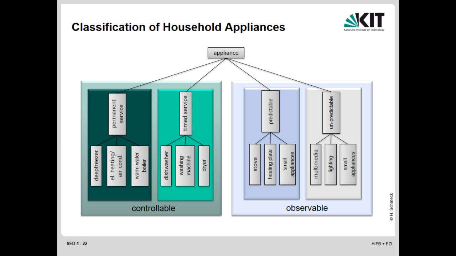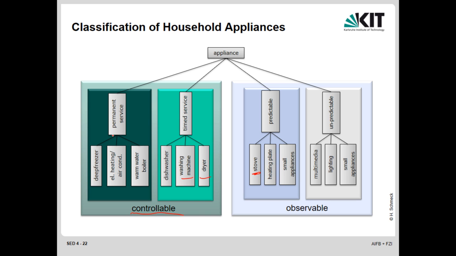Another classification is to distinguish devices into controllable devices and devices which are just observable. I mentioned the stove before. The stove certainly is observable. You can observe at which time it is running, and then you can learn at which time you would normally use the stove. Then you have devices which are controllable, like a dryer, a washing machine or a dishwasher, which are timed services.